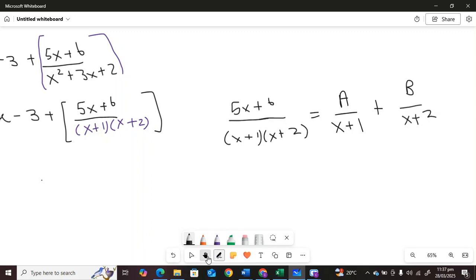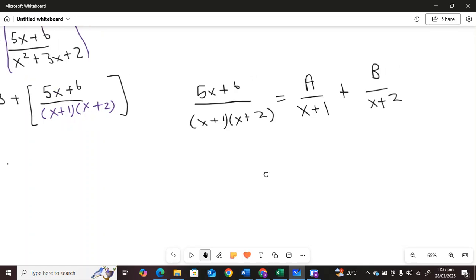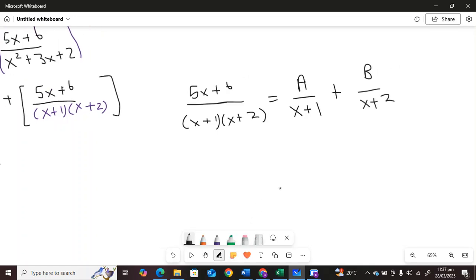So how do we do that? This is how we do it. First things first, we need to get rid of these denominators. What we do on the left hand side, we do on the right hand side. So how do we get rid of these denominators?